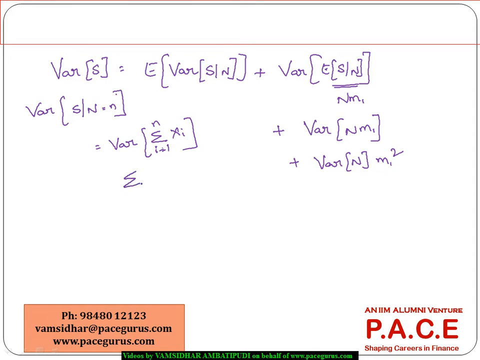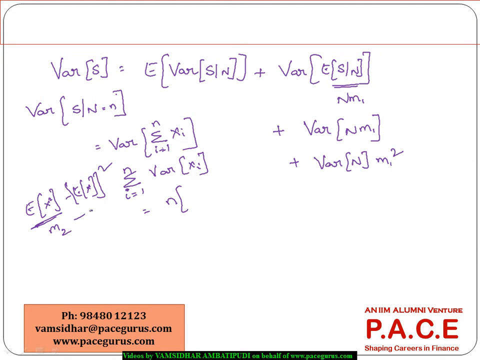So I take the summation out and say variance of Xi, and over n it is n times the variance of Xi. What is the variance of Xi? Expectation of X squared minus expectation of X whole squared. Expectation of X squared is the second moment, m2, minus m1 squared. So this I can very well write as m2 minus m1 squared.